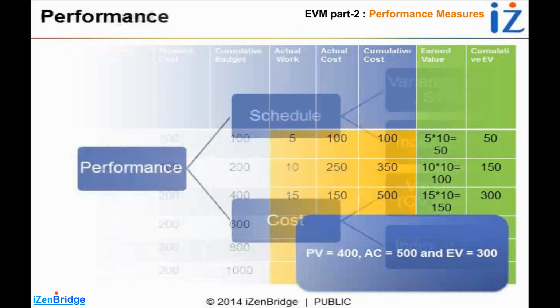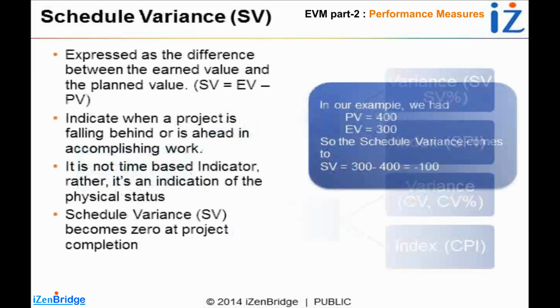So let's look at the performances. EVM talks about 2 dimensions of performance, schedule and cost. In these 2 dimensions, we have variances and we have indexes. The first performance measurement is schedule variance.